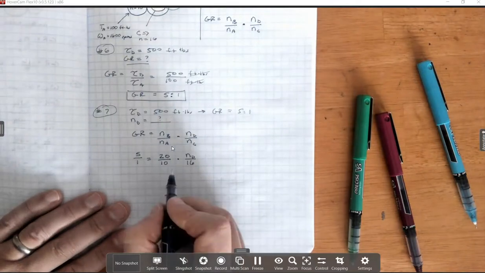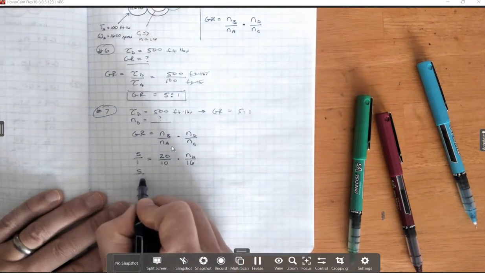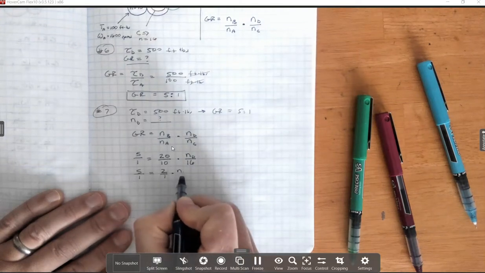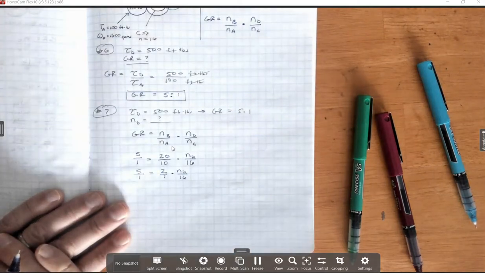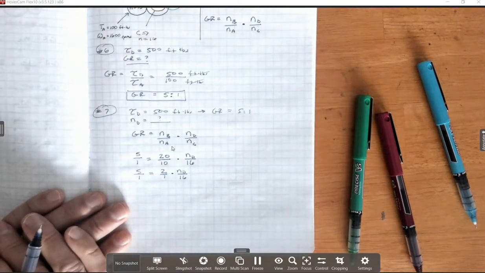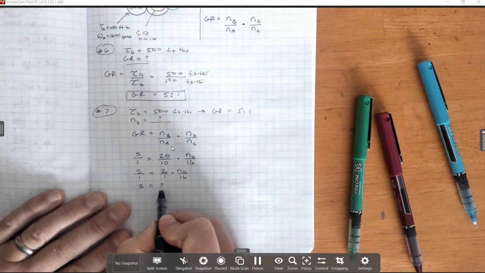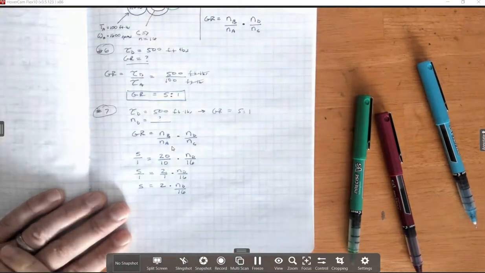Now, the first thing I'm going to do is go ahead and reduce the 20 over 10, make that a simpler fraction. 20 over 10 is 2 over 1. All right, and I really don't have to write these ratios of 1 if I don't want. So maybe I'll just now write 5 equals 2 times ND over 16.